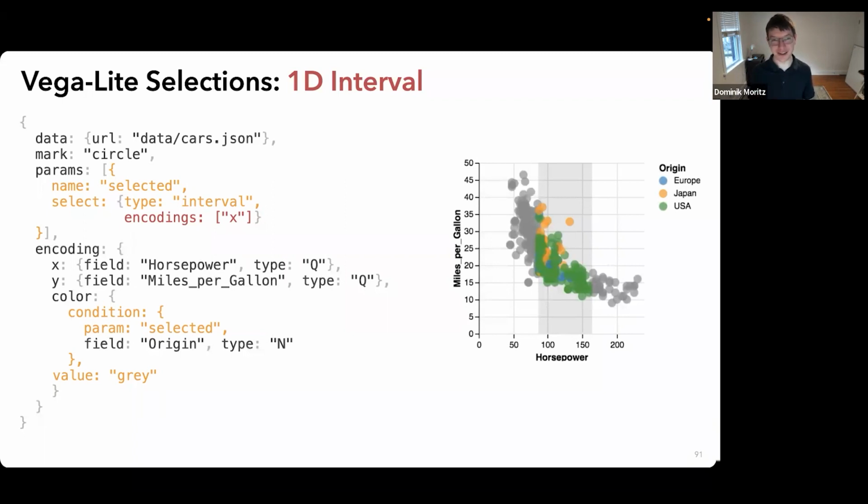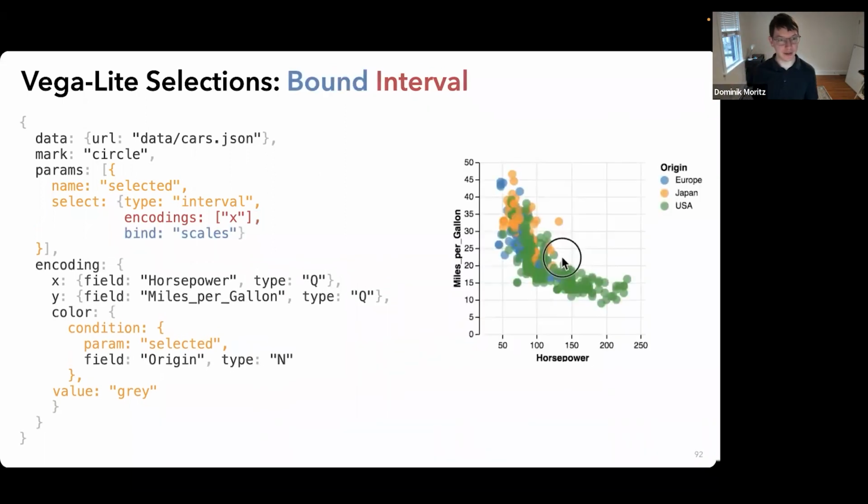But in the interest of time, I'll walk through one more thing you can do with selections, which is also binding them. Previously, we bound a parameter to an input so that you can use the slider to change the threshold, right? We can also bind selection parameters to inputs or to scales.